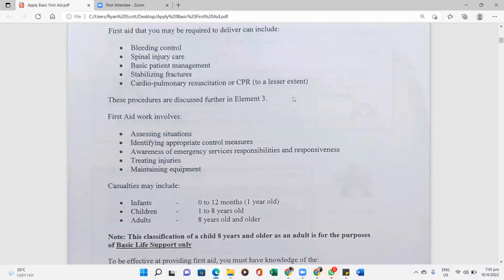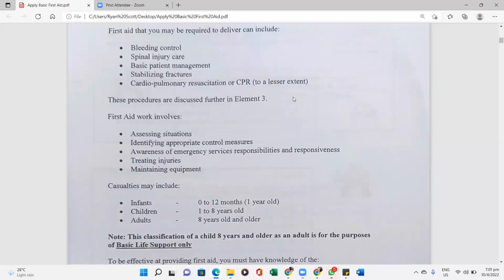First aid that you may be required to deliver can include bleeding control, spinal cord care, basic patient management, stabilizing fractures, cardiopulmonary resuscitation or CPR. So those are the things that you would be able to assist with when you're a medical assistant, right?